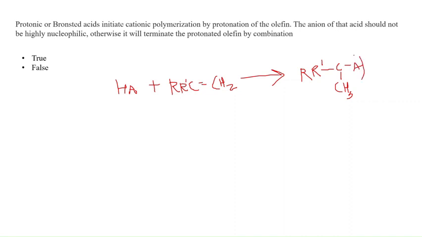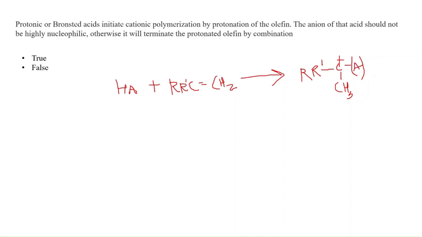So you can see how the protonic or Bronsted acid will initiate the cationic polymerization by protonation of the olefin. Protonation has occurred, and here this C will have a positive charge on top of it.